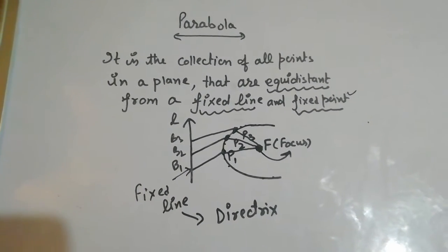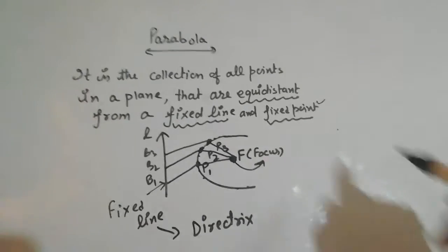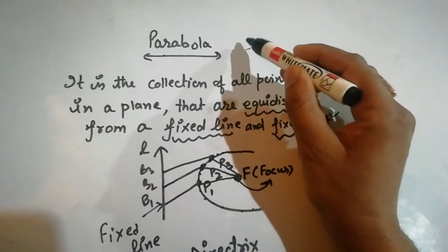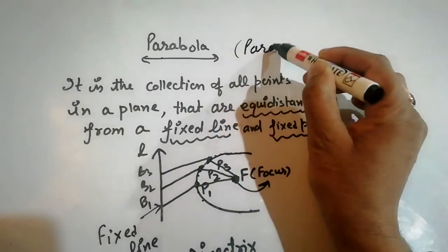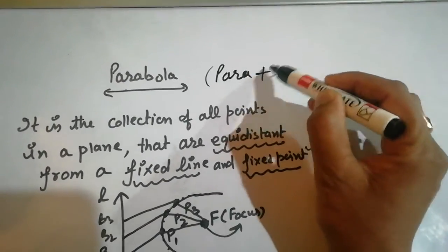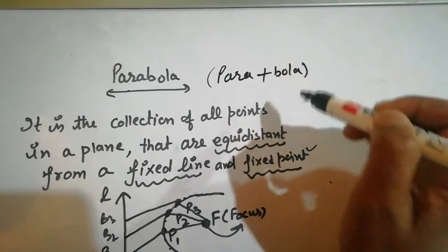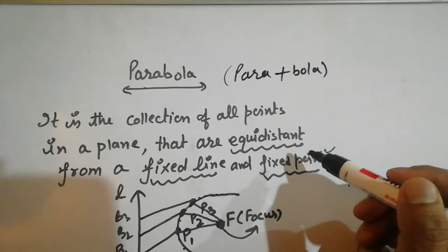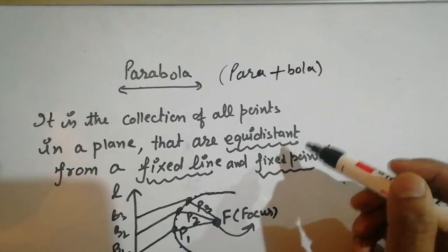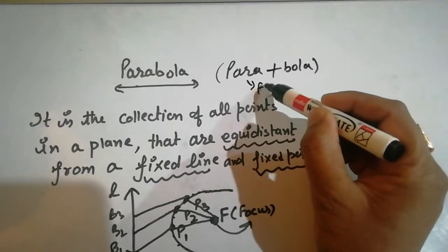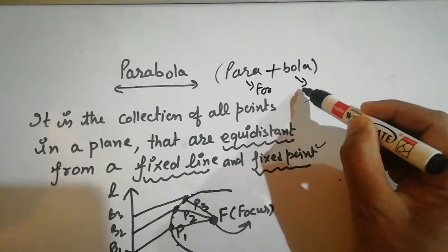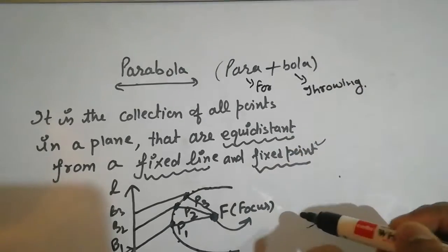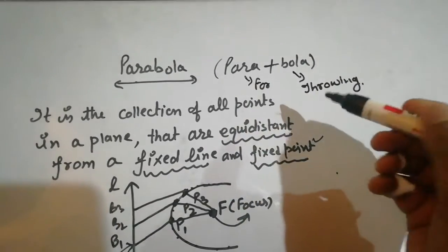Okay, now let me explain some more things here. See, in parabola, two words are there: para plus bola. Para means for and bola means throwing. So it means for throwing.